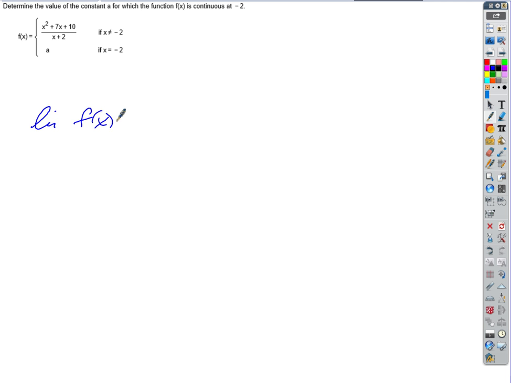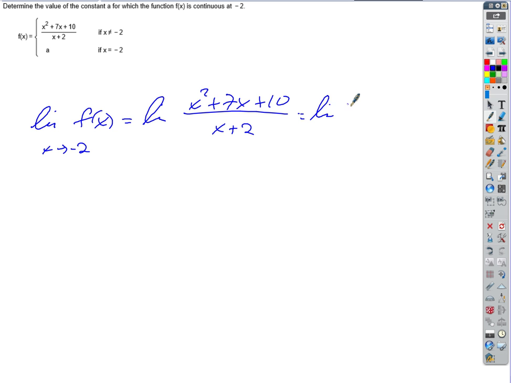So the limit of f of x as x approaches -2 is just the limit of x squared plus 7x plus 10 over x plus 2, right? Well, that's 0 over 0. But I can factor the top and the bottom, and what's the top factor into?